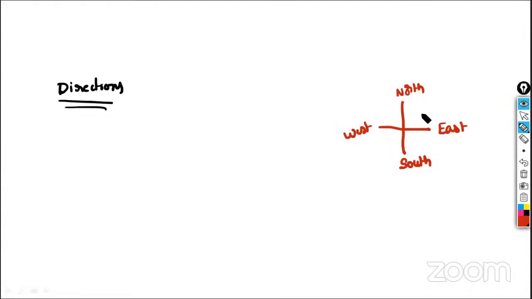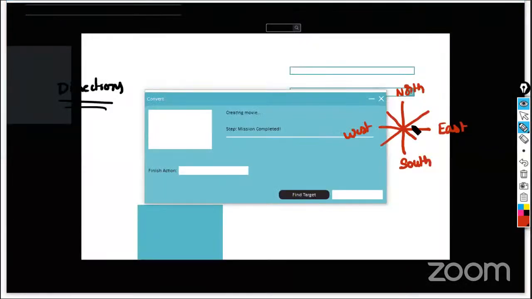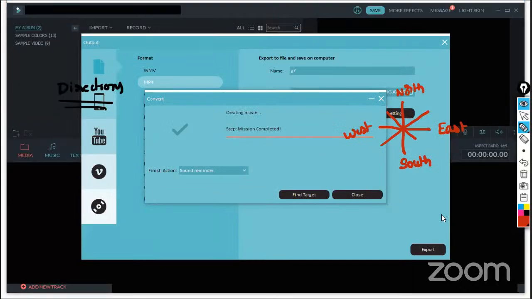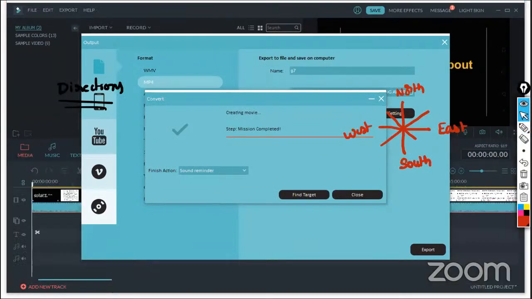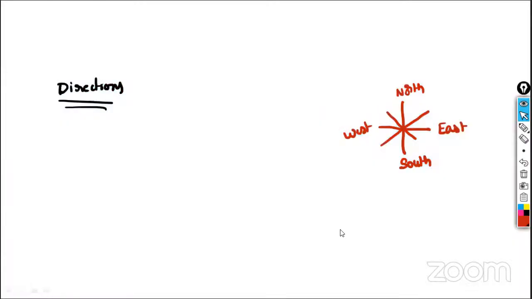In between north and east, we call it northeast. In between north and west, we call it northwest. In between south and west, we call it southwest. In between south and east, we call it southeast.